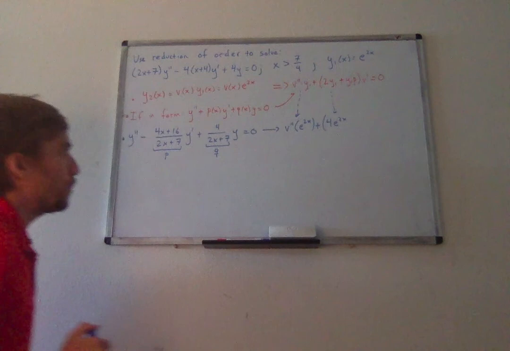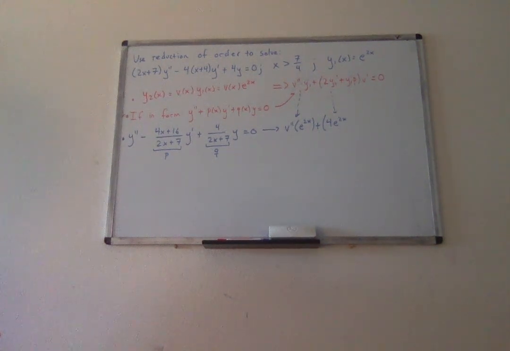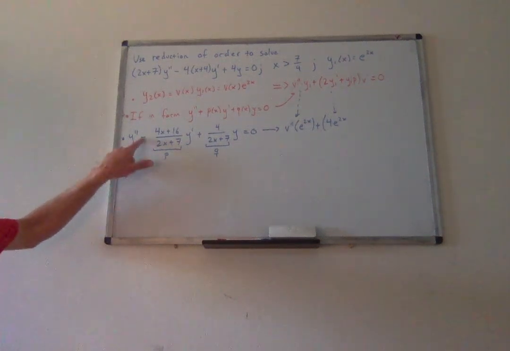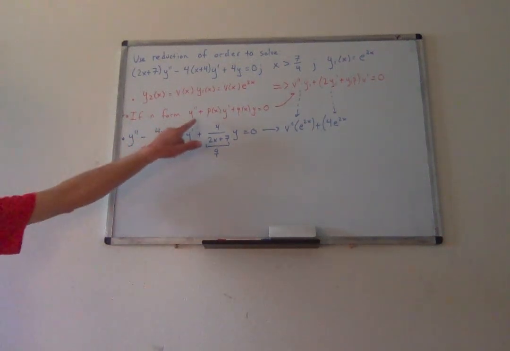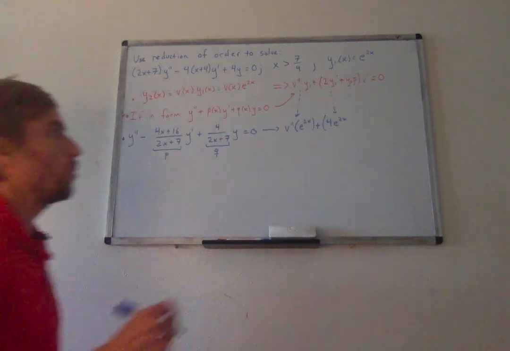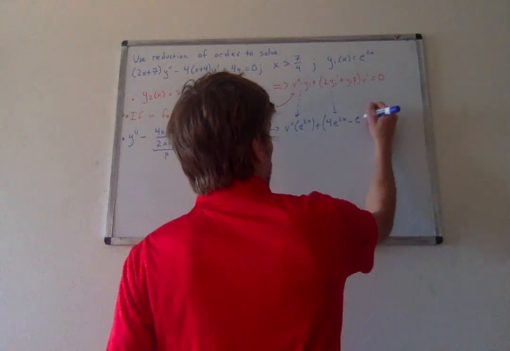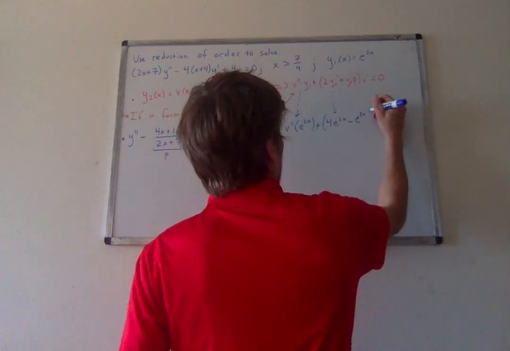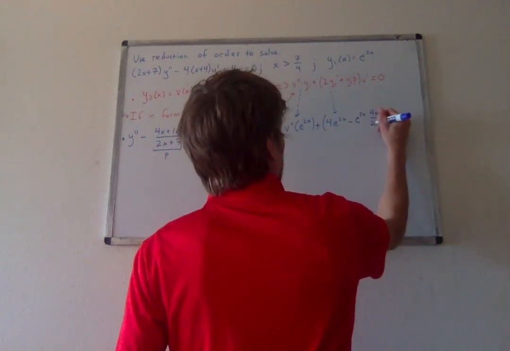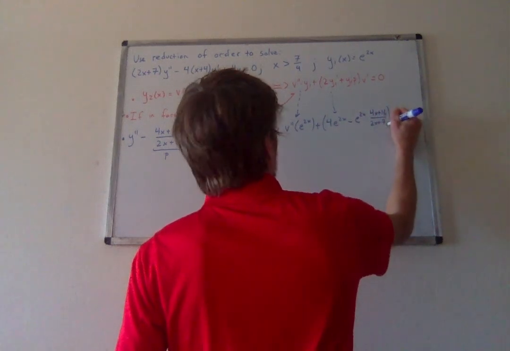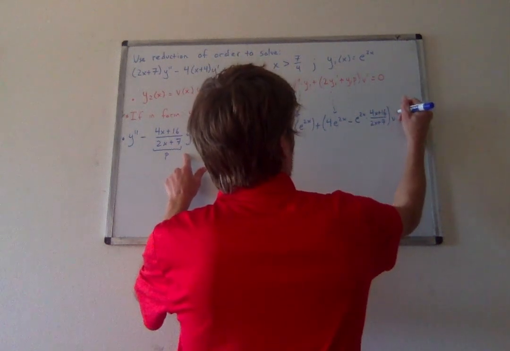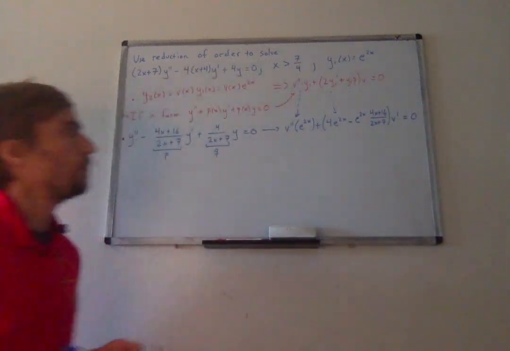Now y1 times p, that would be e to the 2x times this nonsense. Remember, don't forget to include the negative here. Notice this form has it plus p of x times y prime, so this would have to be minus e to the 2x times 4x plus 16 over 2x plus 7 times v prime is equal to 0.